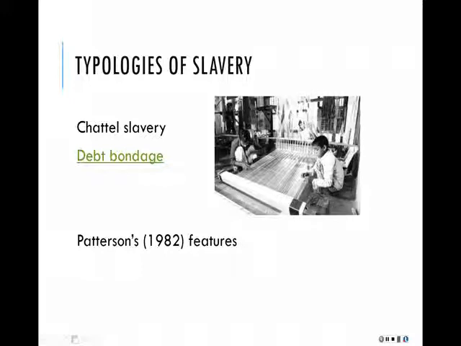But what might be missing from these features, other features that are common but not universal, include that slaves are exploited for the purpose of economic gain. So in African societies, slaves were used to increase the number of dependents of the master, which then served to increase his status but may not result in direct economic benefit. And sometimes slavery was not always associated with ownership.